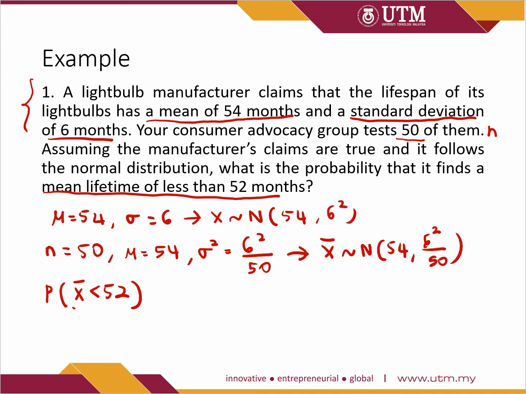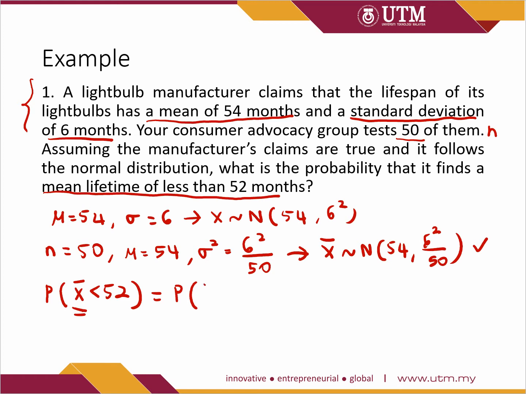So here our aim is to find the probability of the mean lifetime. So we have to use this distribution. Okay, so now the probability we have to find using the standard normal distribution for this case.